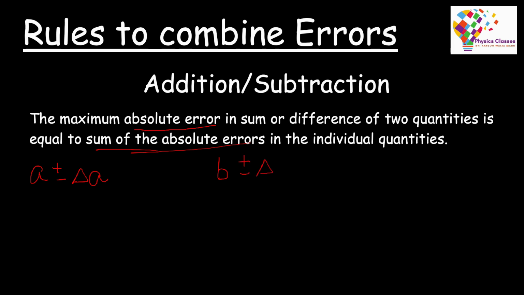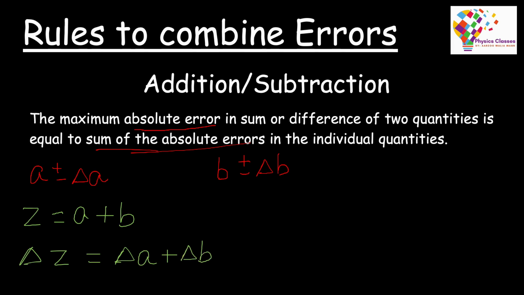Let's say I have a quantity A plus minus delta A and a quantity B plus minus delta B, and I want to calculate a quantity Z, which is A plus B. Then the absolute error in Z will be equal to delta A plus delta B. Even if I subtract, A minus B, the error delta Z would be delta A plus delta B only. The errors are always supposed to be added, irrespective of whether you are subtracting or adding the two quantities.